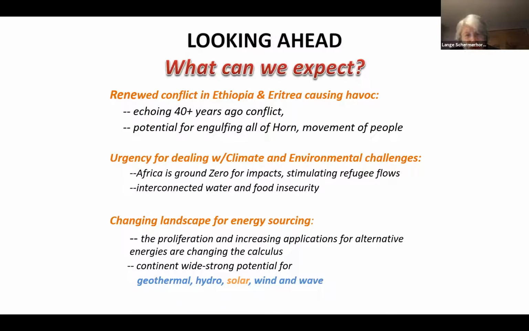We have proliferation, increasing applications for alternative energies. And on the continent, we have potential. It varies in particular locales as to the amount and ability, but we have potential for geothermal, for hydro, of course, for solar, for wind, and for wave.